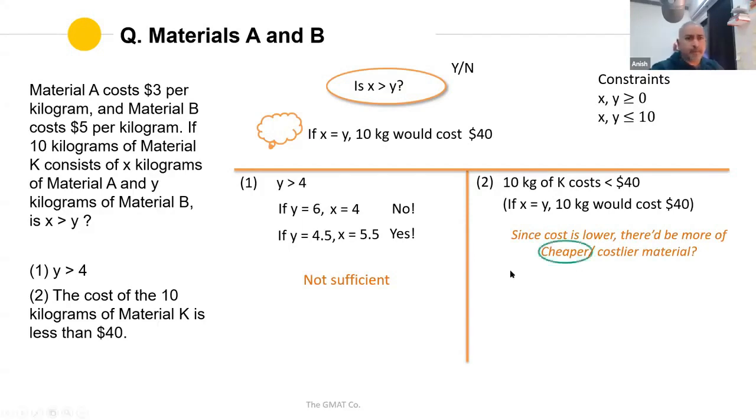The cheaper one, yeah. The cheaper one would be more. Which is the cheaper one? Material A. The corresponding weight is X. So this actually tells me that X is greater than Y. And therefore, the answer to this question is B, not C. C and B were tied to be the most common answers.